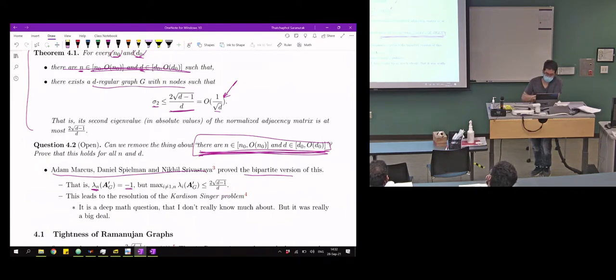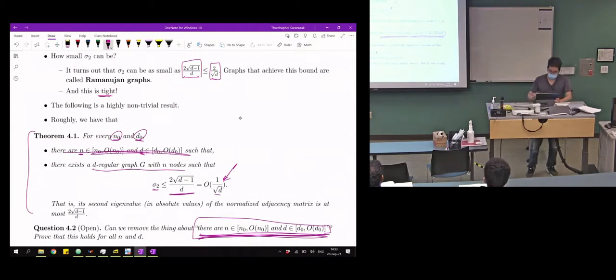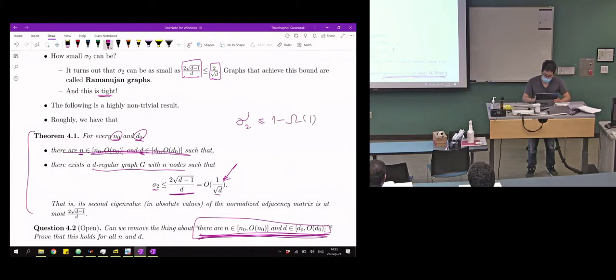If sigma 2 is small, does it mean that the graph has constant conductance as well? Say it again. If sigma 2 is small, does it mean the graph is a good expander as well? Yeah. If sigma 2 is strictly less than 1, then phi is constant.